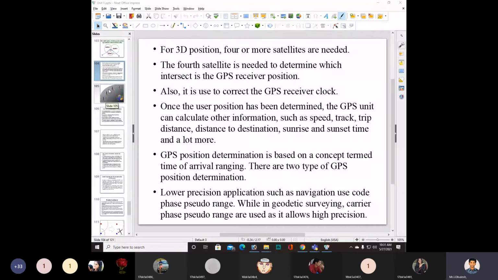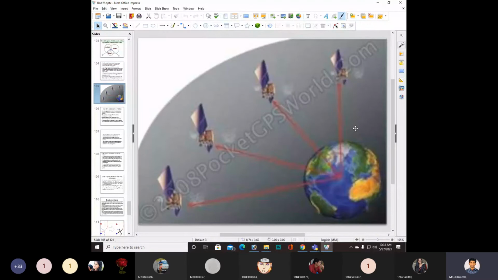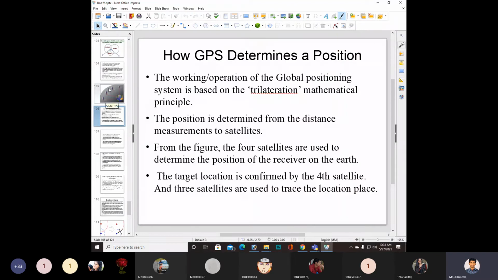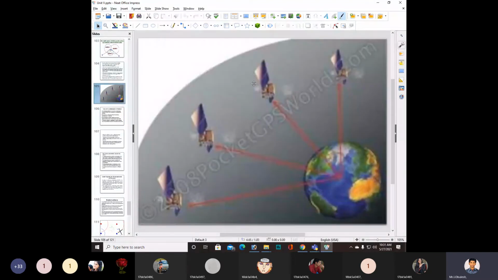You need to see the diagram for a three-dimensional position. Here we have a packet GPS. You need to see that carefully. This is how to determine the position of the GPS from satellite to receiver.